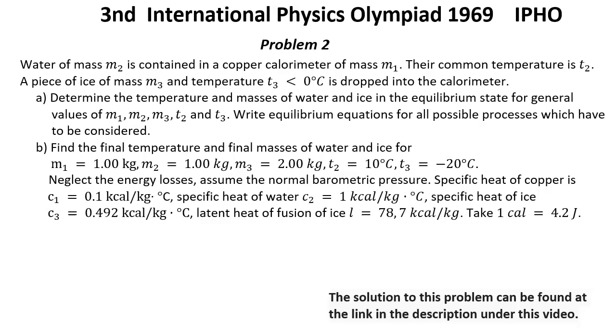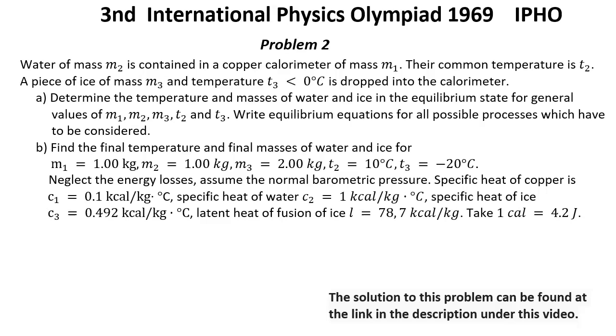Question B. Find the final temperature and the final masses of water and ice for M1 equals 1 kilogram, M2 equals 1 kilogram, M3 equals 2 kilograms, T2 equals 10 degrees Celsius, T3 equals negative 20 degrees Celsius. Neglect the energy losses. Assume the normal barometric pressure.